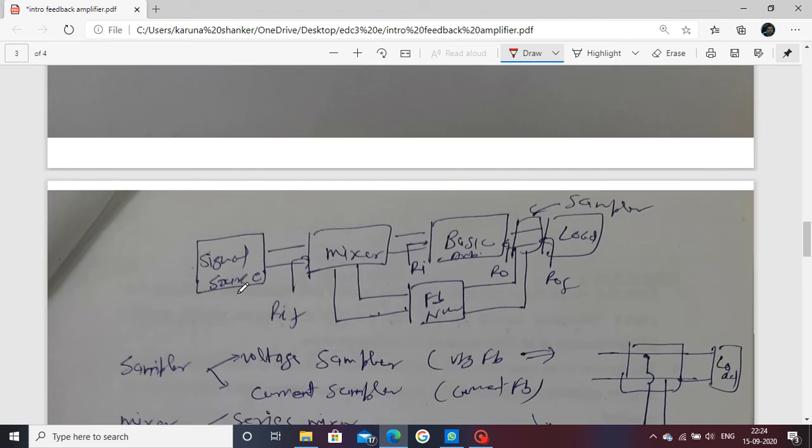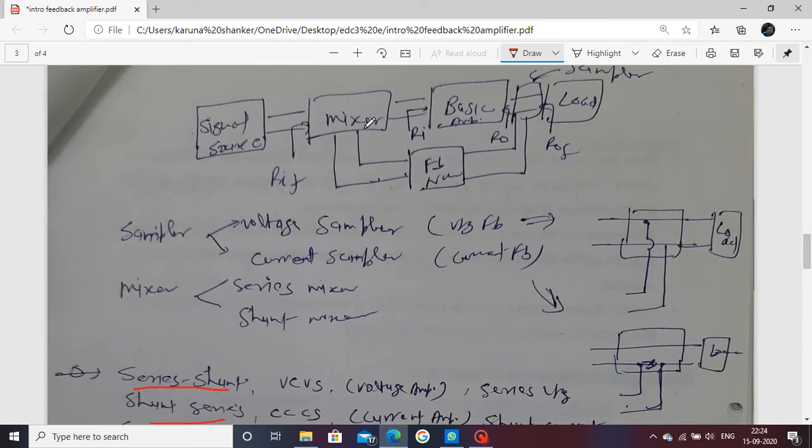You see here the source signal is applied, and there is a mixer, meaning whatever signal is added or subtracted, and the feedback signal also goes to the mixer. This is your amplifier, this is your feedback network, this is your load. We have already seen the diagram, there is a subtractor, and something is fed back to your input side.